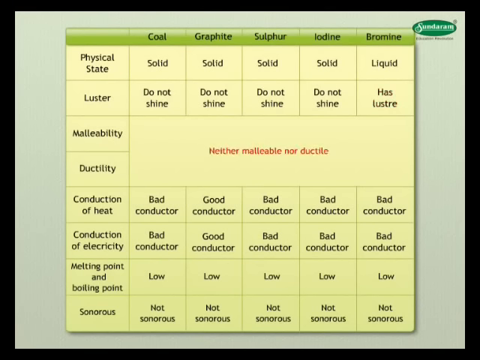They are neither malleable nor ductile. Conduction of heat and electricity. Graphite is a good conductor of heat and electricity. Other non-metals are bad conductors of heat and electricity. All of them have low melting and boiling points. All of them are not sonorous.